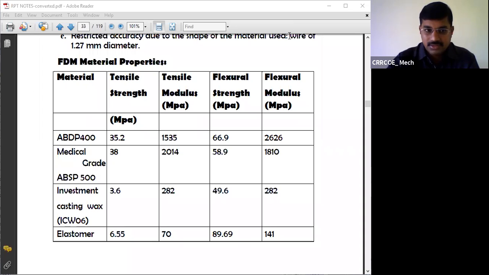Yugandhar? Yugandhar? Yugandhar, unmute yourself. Yugandhar, are you there? 35. 74, Venkatesh?